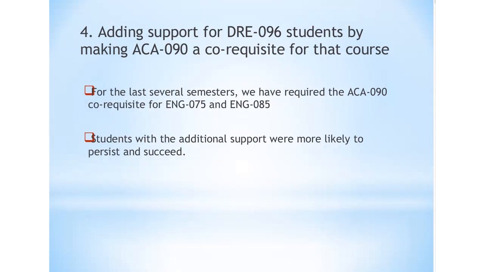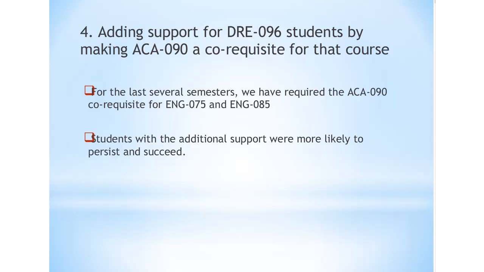And then, of course, adding the support for DRE 96 students by making ACA 090 a co-requisite for that course. We have been using ACA 090. We offer this as a seated option and a hybrid option, and the students know the ACA teachers, and the English and reading teachers are all talking to each other.